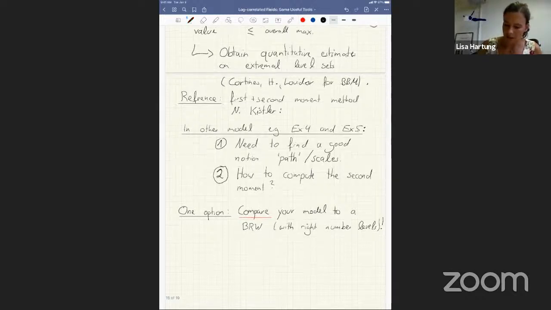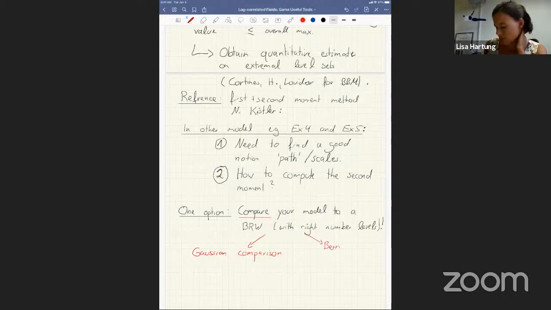Essentially, that will be something I will be focusing on tomorrow. One option is to use something called Gaussian comparison. In some other cases, you might want to do it slightly differently.